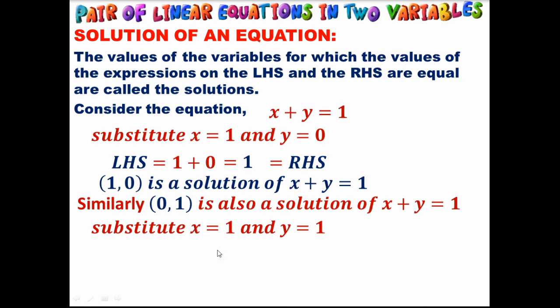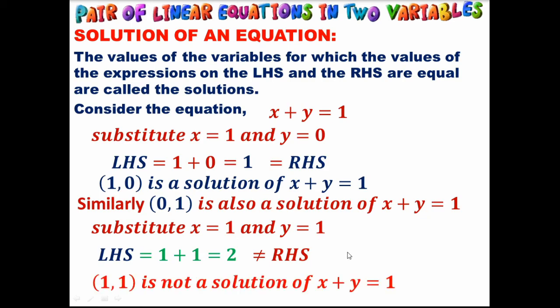Now let me substitute x = 1 and y = 1. The left hand side becomes 1 + 1 = 2. This is not equal to the right hand side, because the right hand side is 1. So the ordered pair (1, 1) is not a solution of x + y = 1.